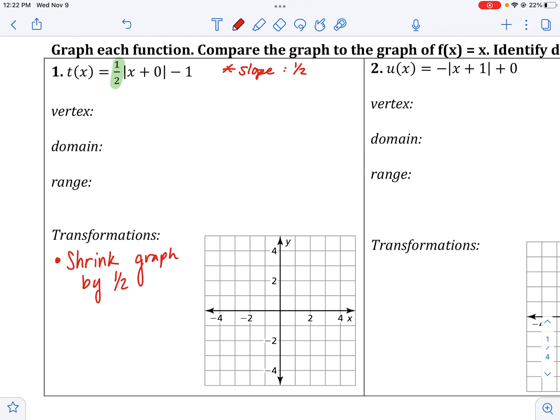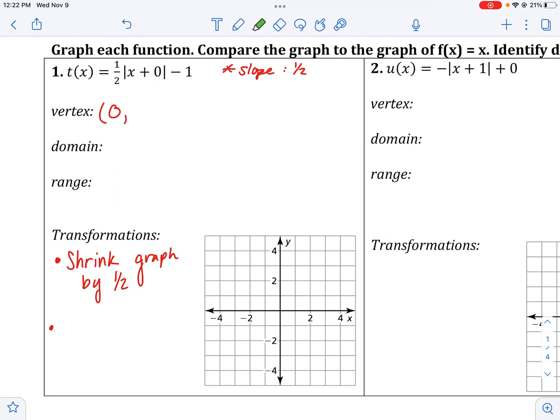It's a positive 1/2, so the graph does not flip upside down. Your left and right movement is that h value. That's the number inside the parentheses with the x. And usually I would think opposites, but the opposite of 0 is just 0. There's no positive or negative 0.